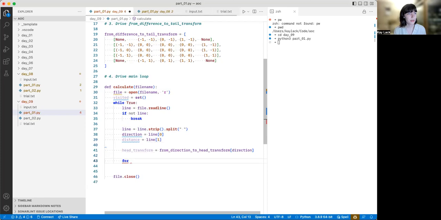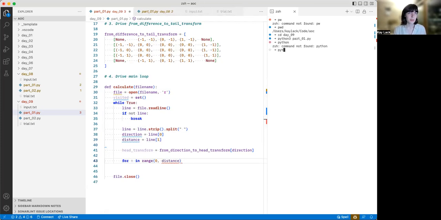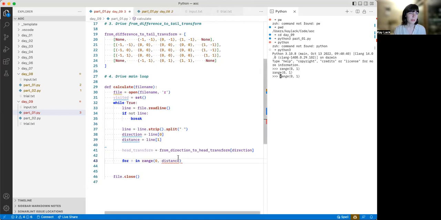And then for n in range 0, distance, which if it was range 0, 1, so actually -1, I think.